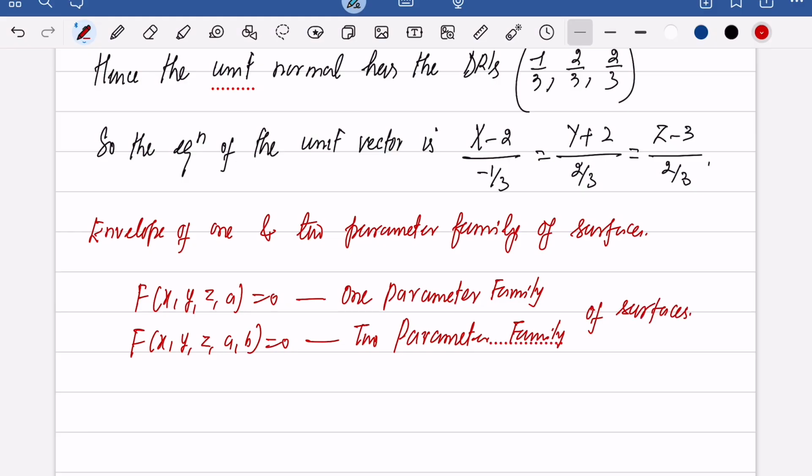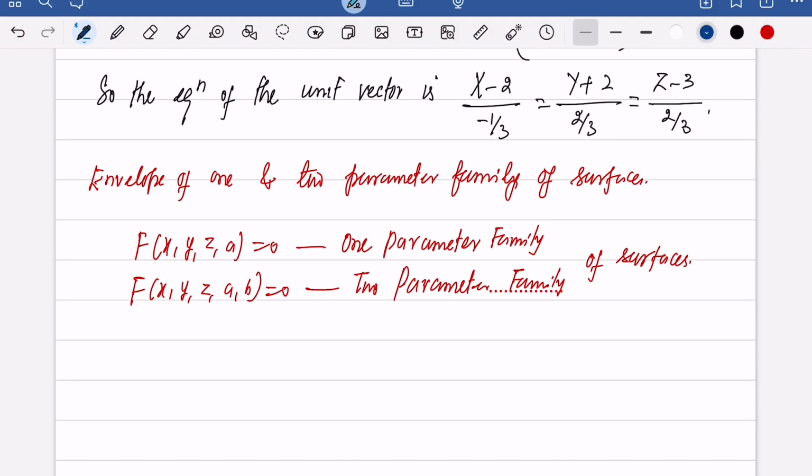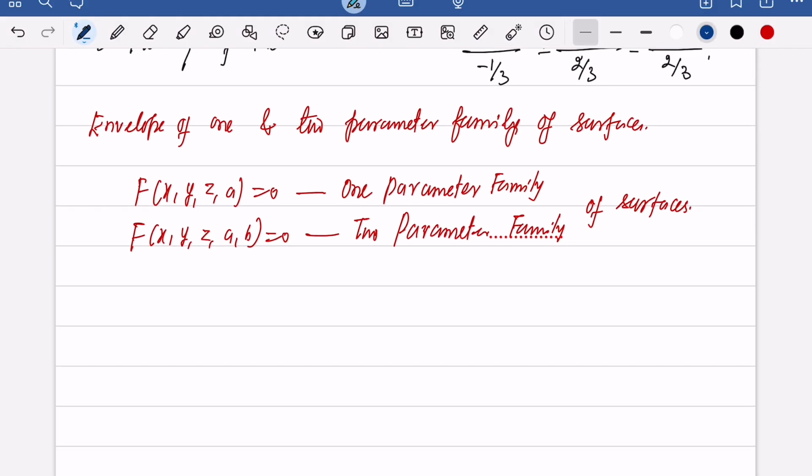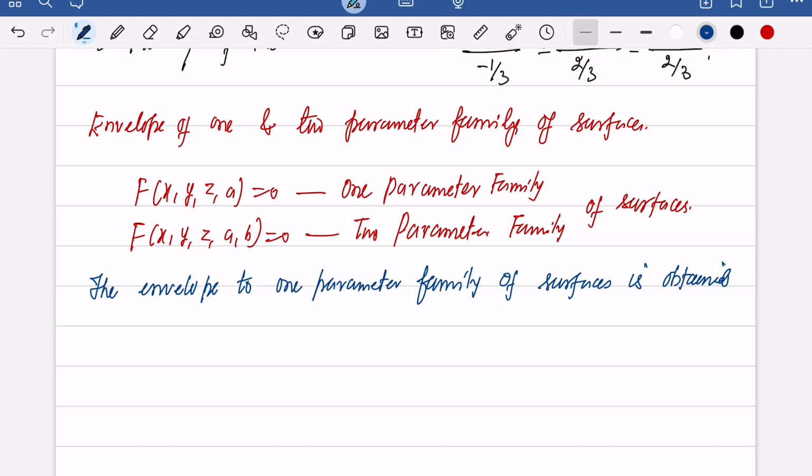Now by its envelope we mean a surface that is tangent to each member of the family at some point. Now how do we find that? The envelope to a 1 parameter family of surfaces is obtained by eliminating a from f equal to 0 and del f by del a equal to 0.